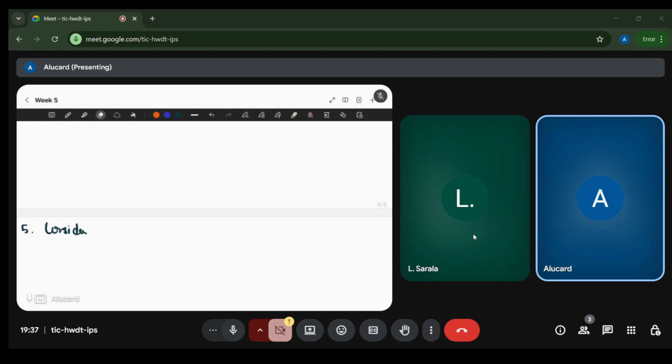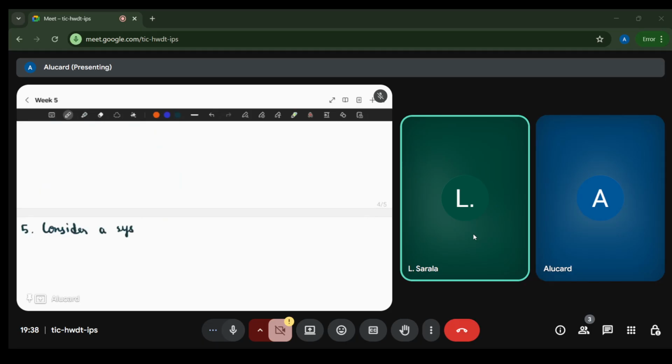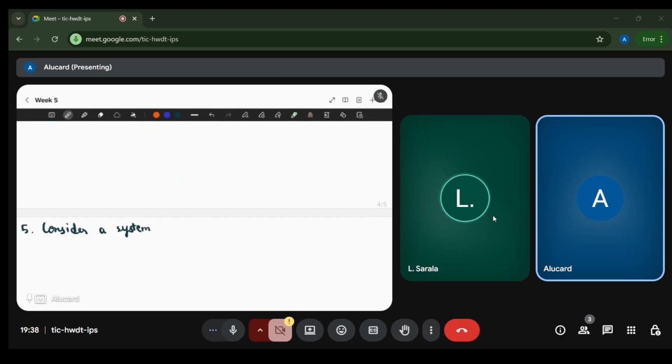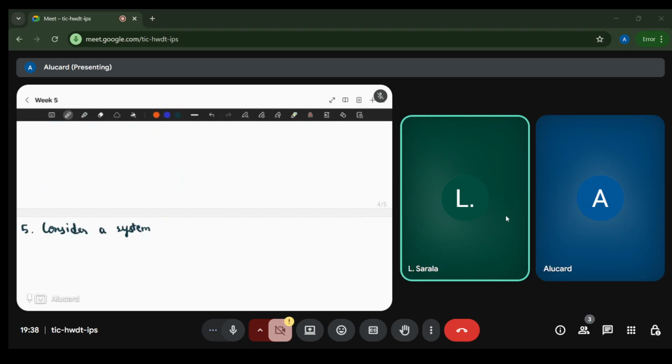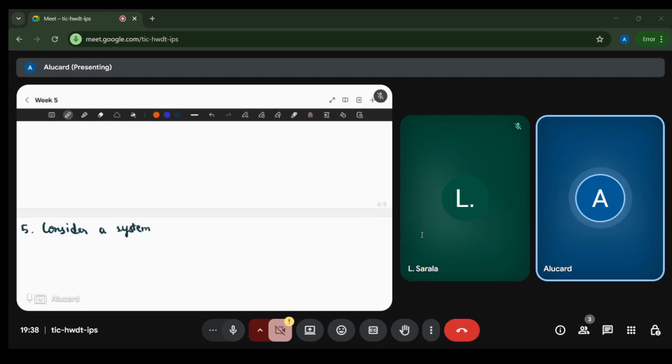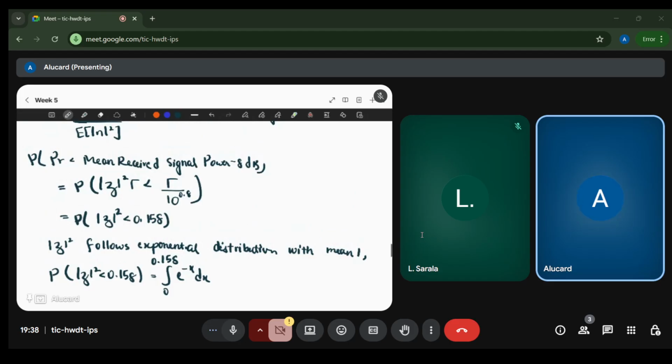That is 1 by 10 power 8. This gamma is there on both sides, no? Let me check.